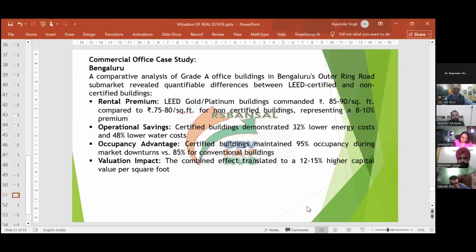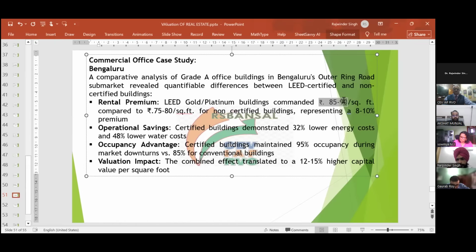So if we take an example of a LEED certified building and a non-certified building in Bangalore's outer ring, what will be the difference? The LEED certified building will command a rent of 85 to 90 rupees per square feet, as compared to maybe 75 to 80 rupees per square feet for a non-LEED building. That means 8 to 10% higher rent.